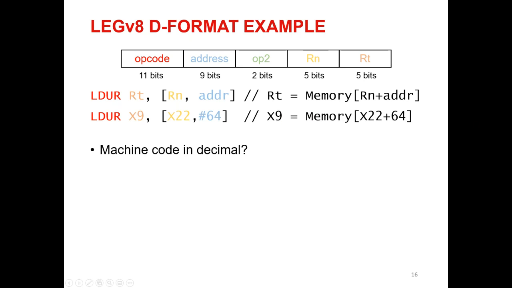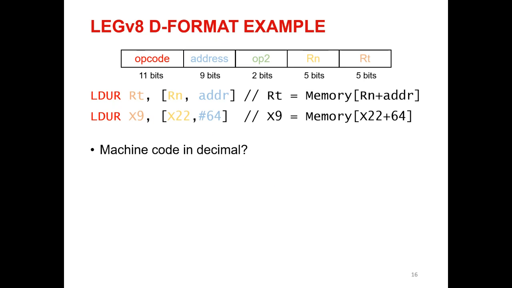Okay, so I would like to propose an exercise. You have seen how I have converted the R format instruction into binary code. Would you be able to get the machine code of this instruction, load x9, x22, 64, in binary code?